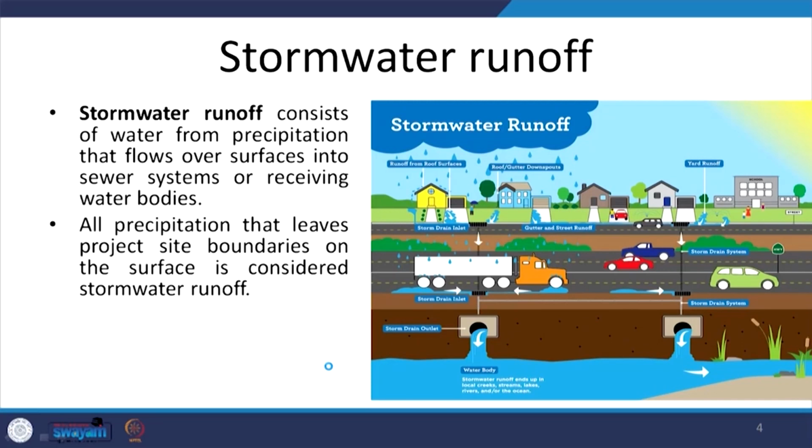Now, when we are talking about storm water runoff, we are talking about essentially the water which is there because of precipitation, rains, and that flows into the drains. These drains have to be separate drains for sewer systems and for storm water, but unfortunately in cities both these drains are often combined.